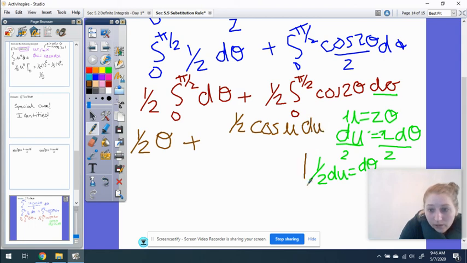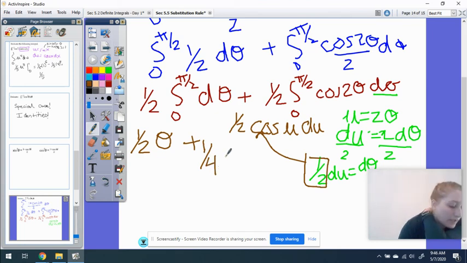I need to put in this 1/2 because this 1/2 is not taking care of it. Okay, so we have 1/2 times 1/2, which is going to be 1/4. And then the integration of cosine is going to be sine of 2 theta. And then from there, what we're going to do is substitute in 0 and pi over 2.